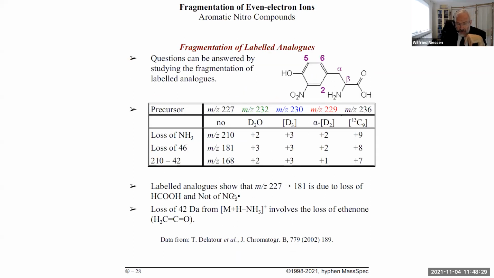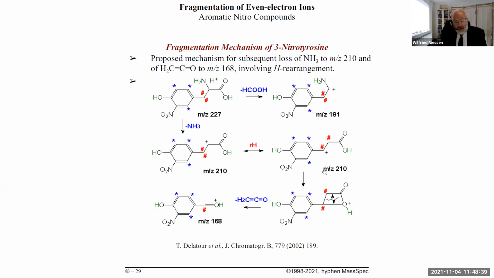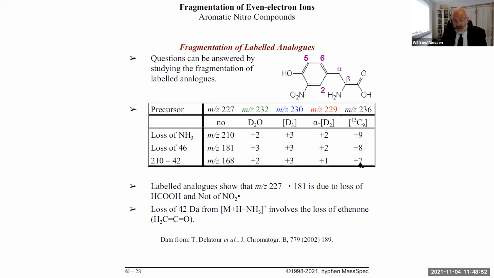If we go back, we can see that this is actually the case. So in this particular case, we can use the information from the labeled substances to propose a mechanism for the loss of the 42. And that we have C2 losses is obviously also indicated by the 13C9 fragments.